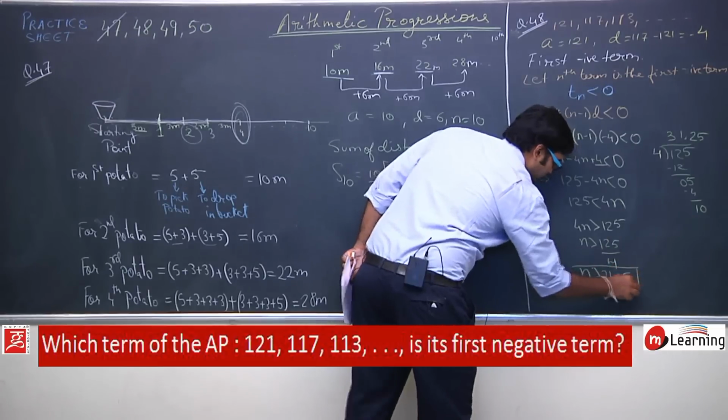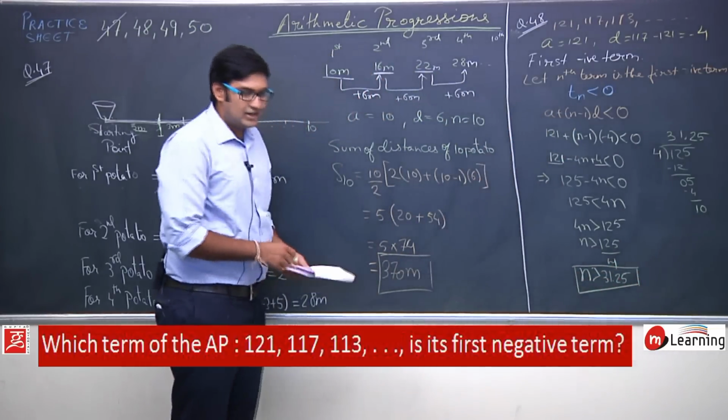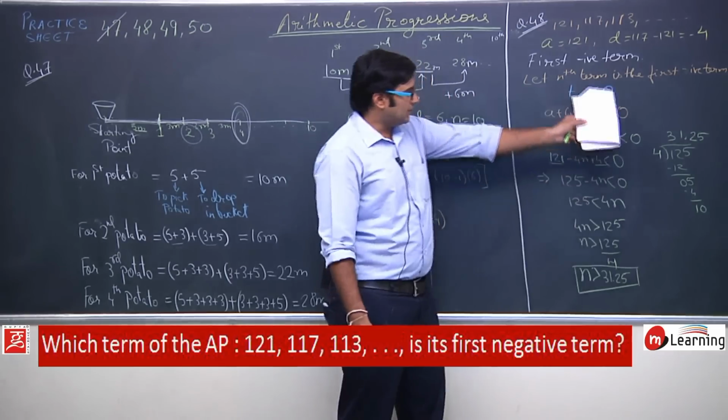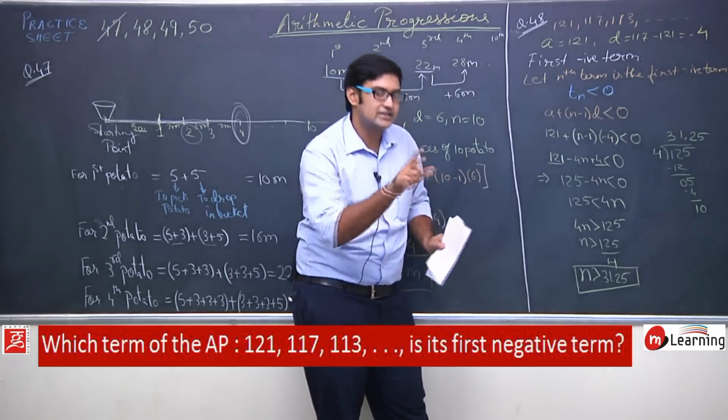So what does this mean? This means that if n is greater than 31.25, then Tn will be less than 0.